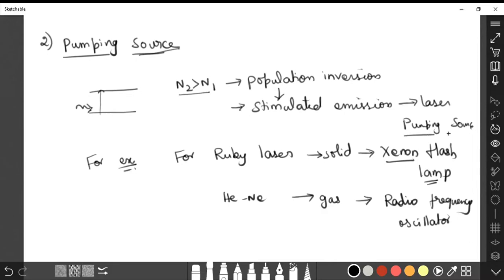For ruby, a solid, a xenon flash lamp with the optical pumping method. And for the helium neon laser, the gas laser, a radio frequency oscillator, where the method of pumping is the electrical discharge method.